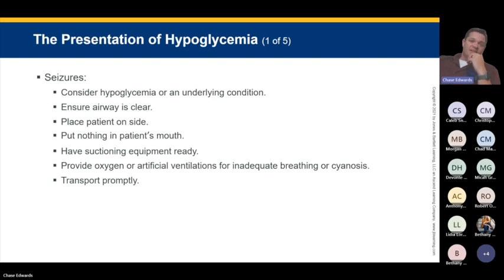We're not going to place anything in that patient's mouth, so things like bite sticks or oral airways, because we don't want to cause any issues, right? We're going to have our suctioning equipment ready in case the patient vomits, so in case there's emesis, we want to make sure our stuff is ready. If the patient is cyanotic, blue, right? Cyanotic, or appears to be breathing inadequately, we're going to provide oxygen or artificial ventilations if we need to. And then we're going to transport promptly with those patients.